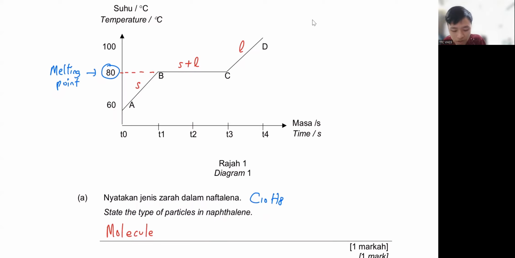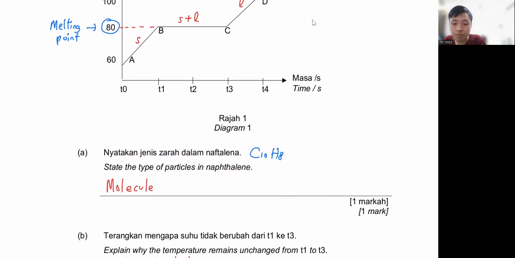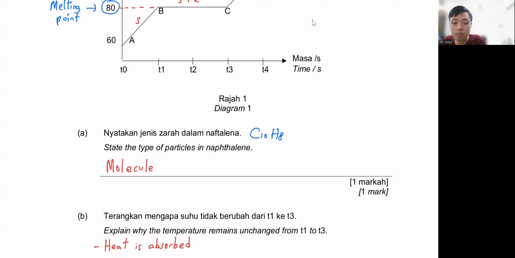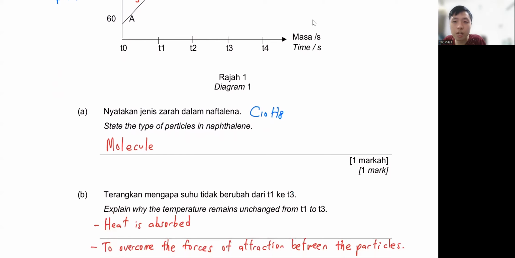If you're talking about physical state, then you talk about solid, liquid, or gas. Why does the temperature remain unchanged? Because heat is absorbed. Heat is absorbed to do what?